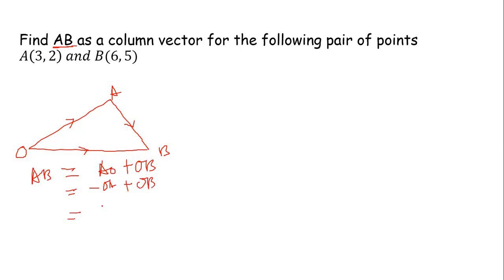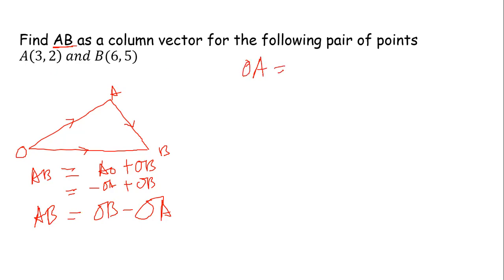So it is conventional to begin with the positive. So we shall write OB first, then minus OA. So if we want to get the vector AB, we get the position vector of B minus the position vector of A. So likewise, we can write A in terms of its position vector.